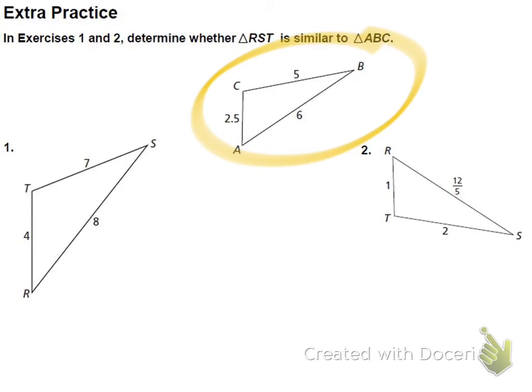This is the triangle we're comparing to. It's above. Does everyone see it? It's called ABC. So same idea. These are two separate questions. We're figuring out if RST is similar to ABC. So we're going to go through and highlight again. I'm going to start with AB, which corresponds with RS.